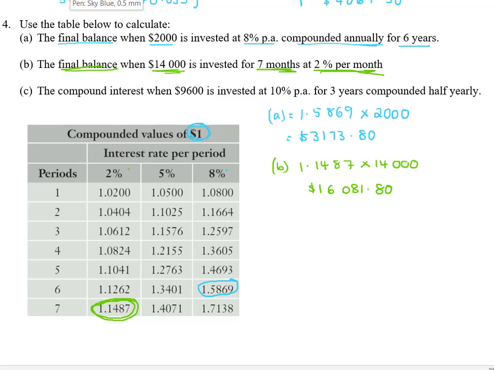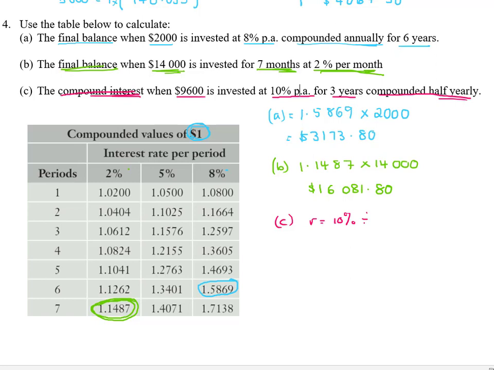So looking at the final one, we're now looking for the compound interest. So not the final balance, we're interested in just the interest. When 9,600 is invested at 10% for 3 years, compounded half yearly. So we need to do the same things as we did before in our formula. So my rate is 10%, but it's compounded half yearly.